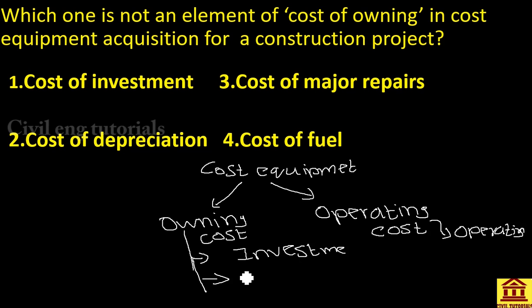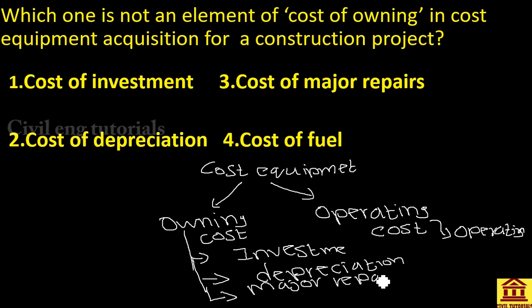It can be annual depreciation, and we also use the linear depreciation system. The depreciation cost is also part of the owning cost, and also the cost of major repairs. While you are working at the site, if your equipment malfunctions and needs major repairs, then the cost of the major repairs is also a cost of owning.